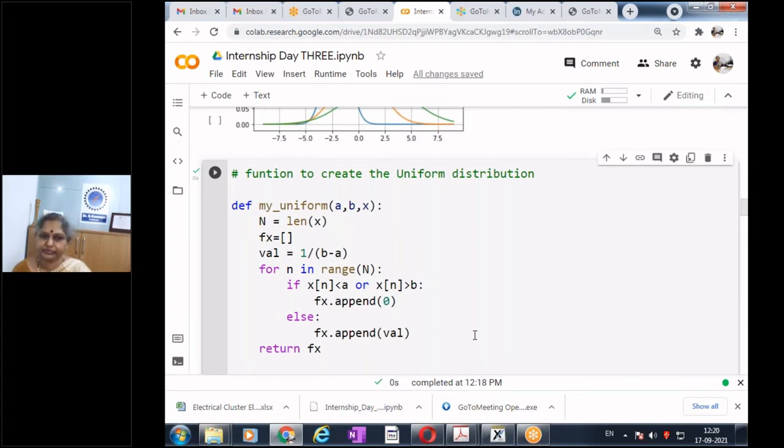Yes, and this is the uniform distribution.